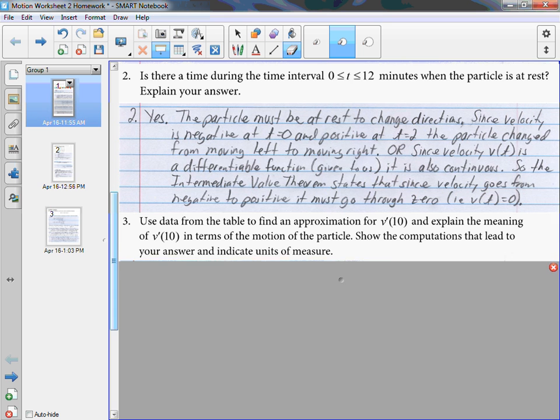Number 3. Use the data from the table to find an approximation for v prime of t and explain the meaning of v prime of t in terms of the motion of the particle. Show the computations that lead to your answer and indicate units of measurement. I don't know why they tell us to approximate it.